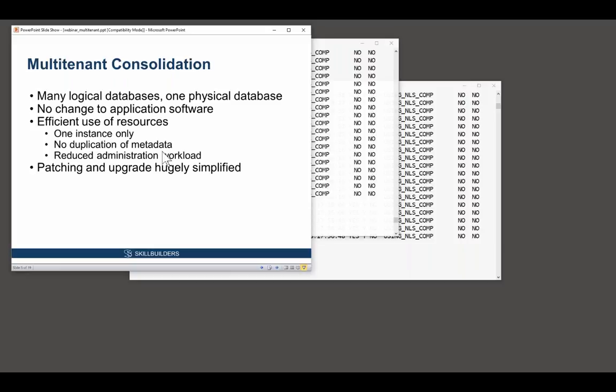What type of database would you recommend multi-tenant for? A specific type or all types? Definitely not all types. You need to consider the pattern of activity, because when we consolidate, and this leads on beautifully to this slide, you have many logical databases. As far as the users and developers are concerned, it's many databases, but there is only one physical database.